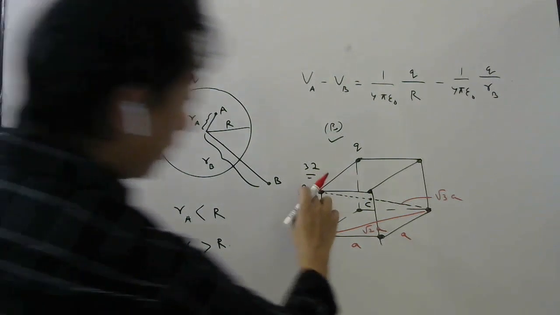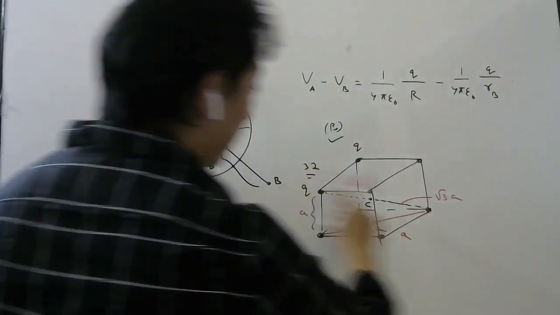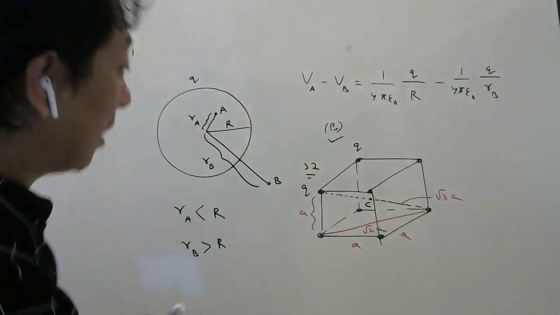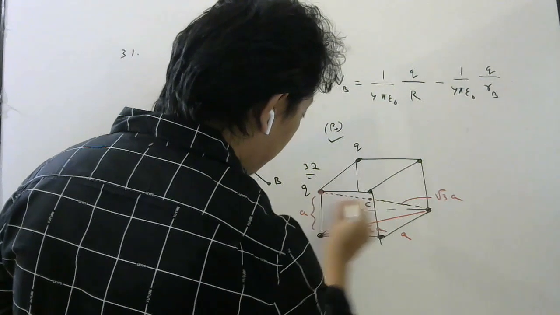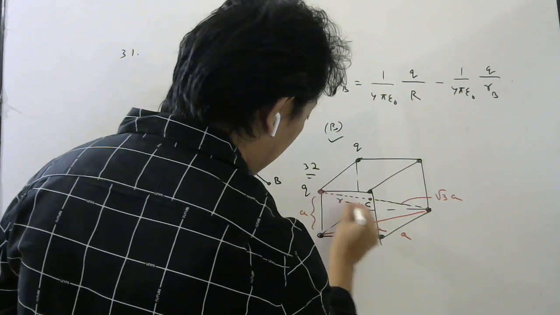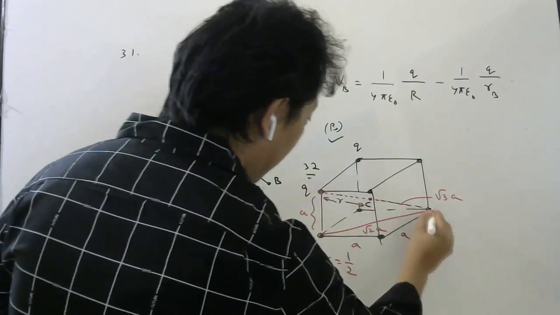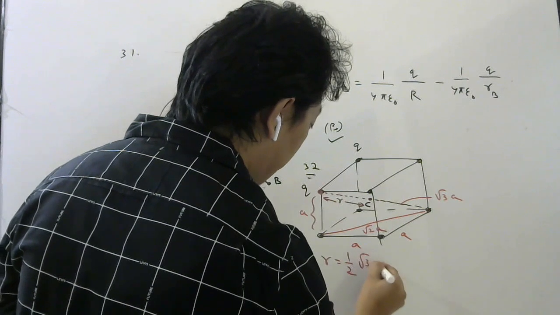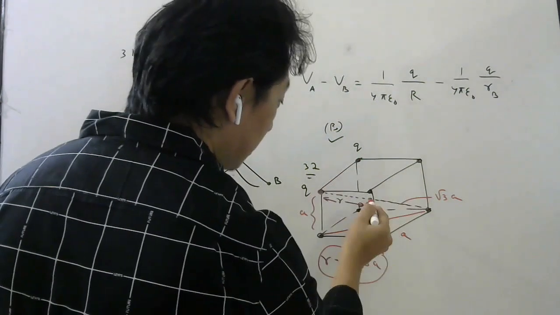So this body diagonal from one corner to the opposite corner has a distance of root 3 A. Now look here. What will be the distance between this charge and this observation point? Let me call this R. That R will be half of this diagonal, which is root 3 A by 2. So that is the distance between any charge and the center.